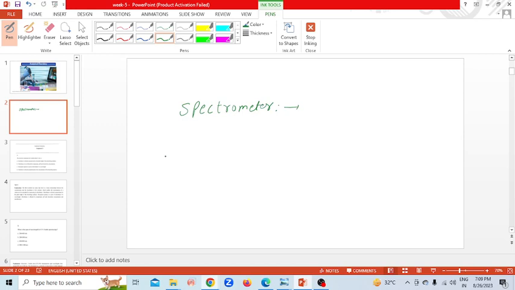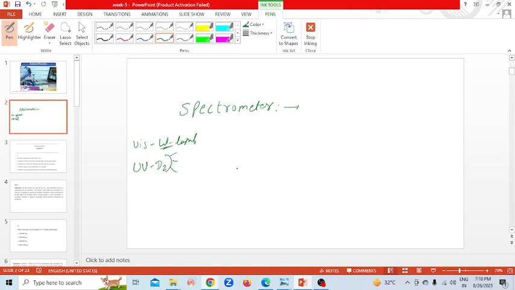First of all, there will be a light source. For visible light we generally use a tungsten lamp. Why are we using a tungsten lamp? Because it emits radiation in the visible range. Second, for UV, we generally use a deuterium lamp, which is D2.